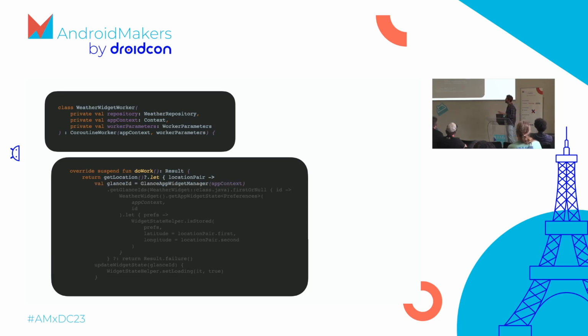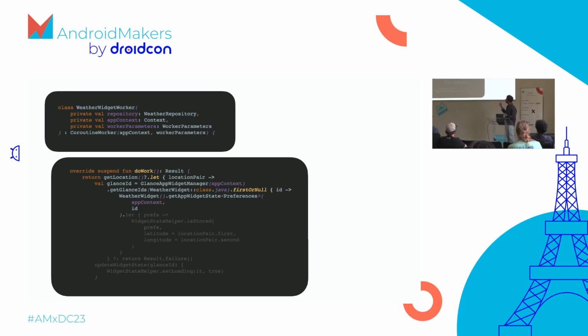This manager stores every Glance ID that you are using currently in the system. It's working pretty well because we can call get Glance IDs from this manager and using our class reference get the IDs only for this specific type of widget. So when we get those, then we need to search for the ones that have our ID.